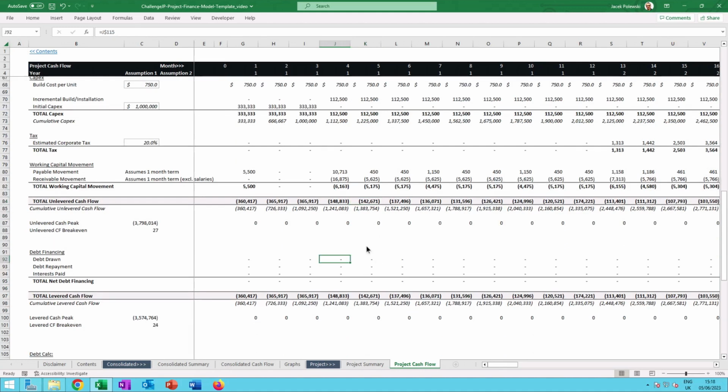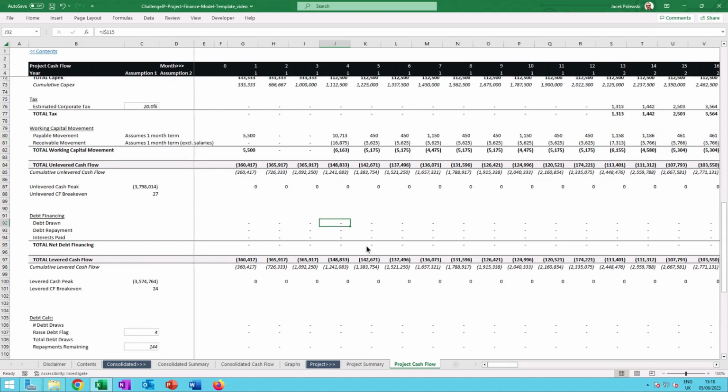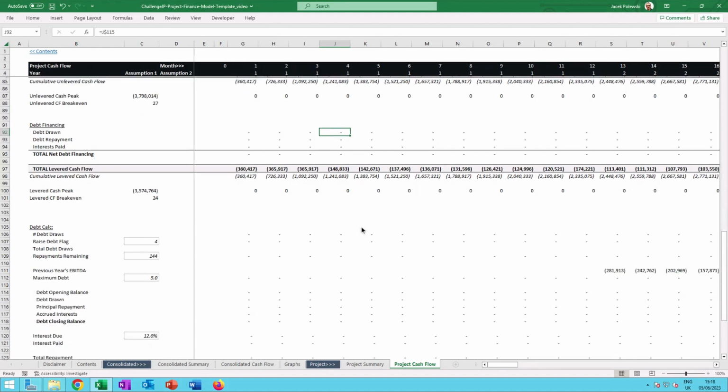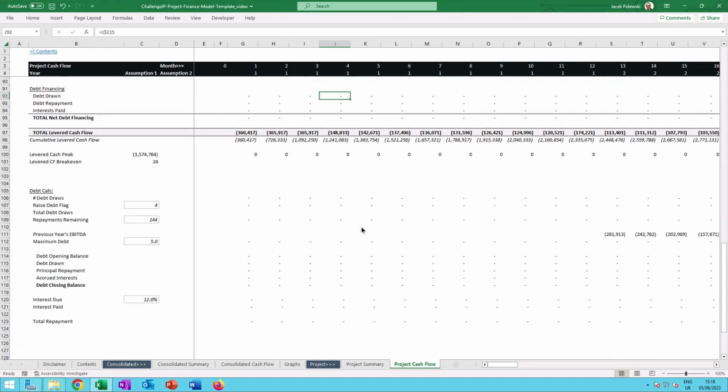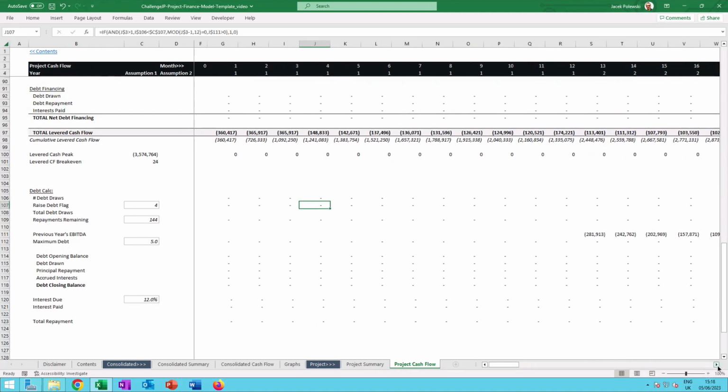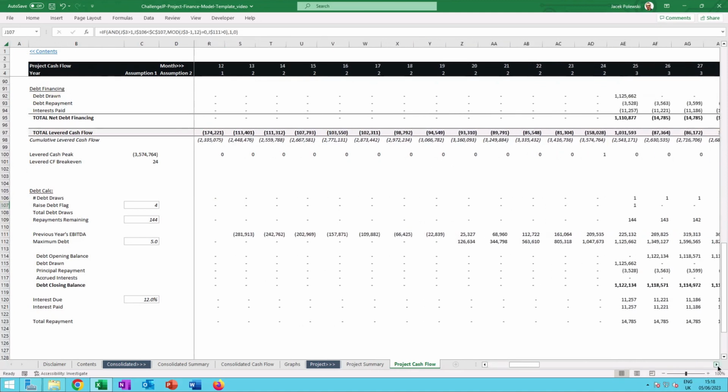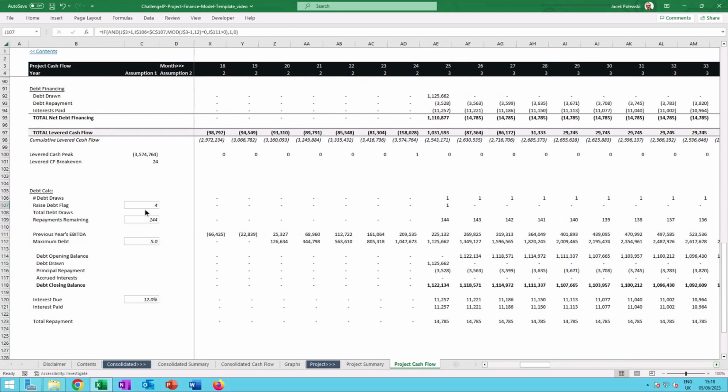Okay, so let's now look at how I've calculated the debt. Now, there are probably a few different methods of adding debt to your plan. But what I did here, I created a relatively simple model for the debt calculation, which assumes that you have a number of draws, so the number of times when you draw the debt in your model.